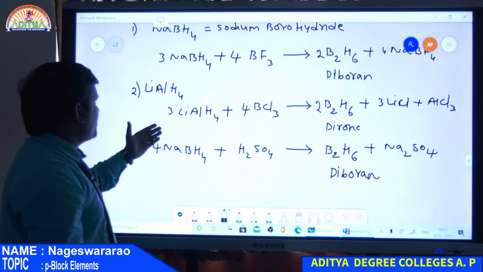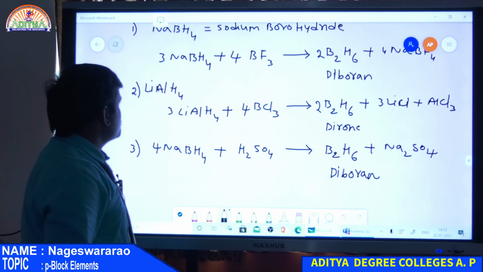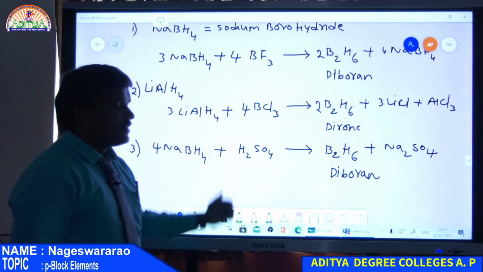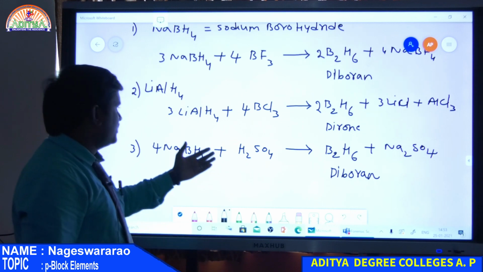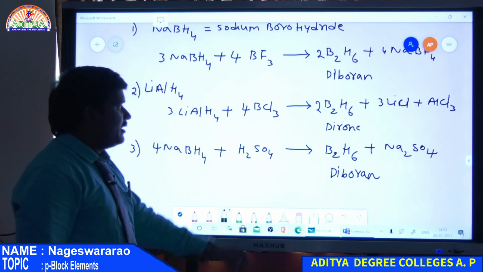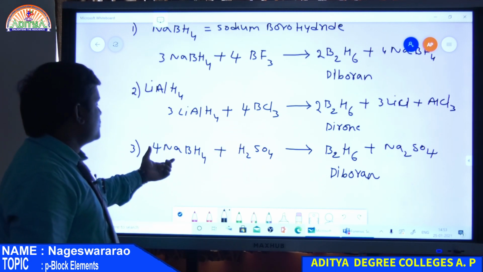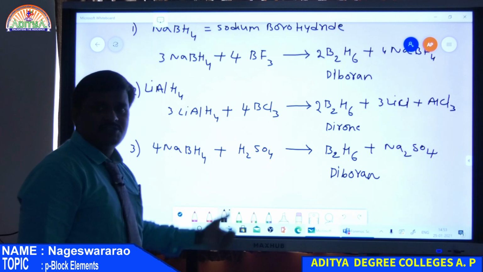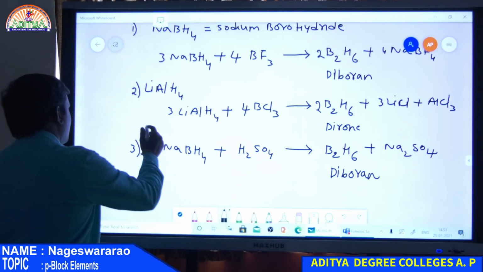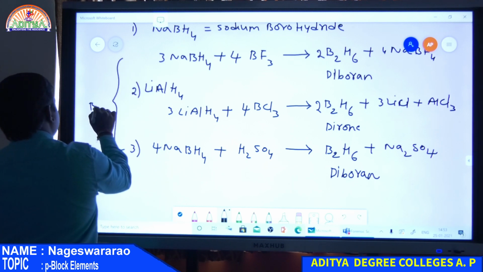So these are the three preparation methods in which first one, sodium borohydride is reacted with BF3, it gives diborane. In the second method, lithium aluminum hydride reacted with BCl3, it gives diborane. In the case of the third one, sodium borohydride is reacted with H2SO4, it gives diborane. So all these three are very important preparation methods for diborane.